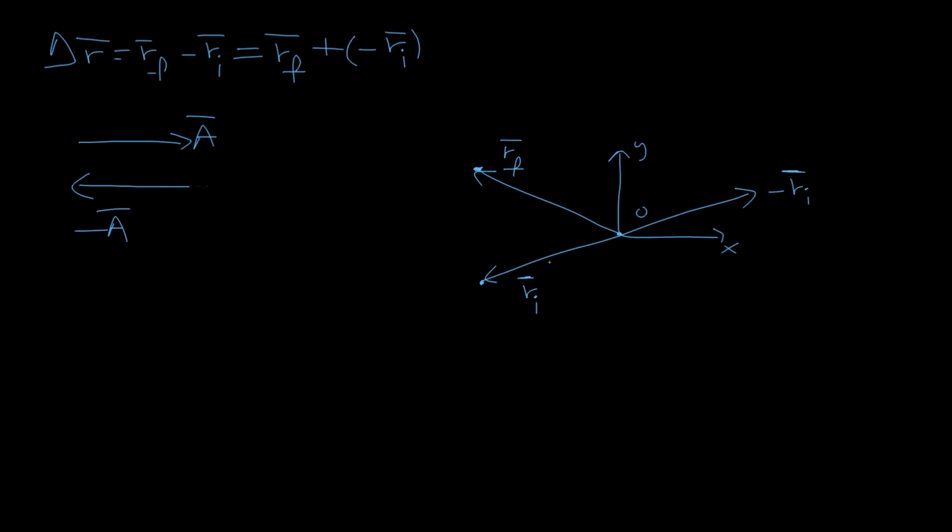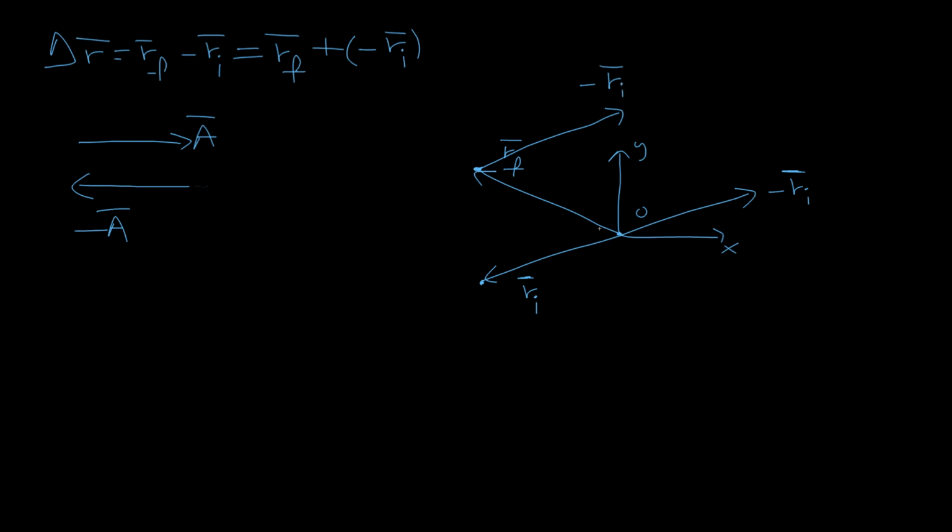Okay. So now I have R initial, this is minus R initial, and what I need to do is add R final and minus R initial. So I have this vector, and I need to add them together. I know that to add vectors, I need to move the tail of one to the tip of the other one. So one way to do it, I could take this vector right here, and I could move it right there, so that I have the tail of minus R initial at the tip of R final.